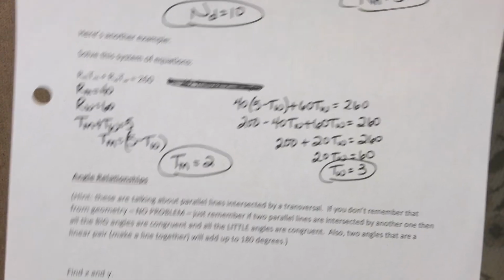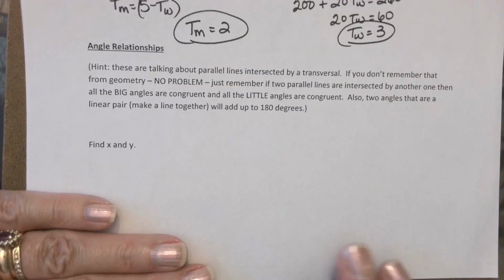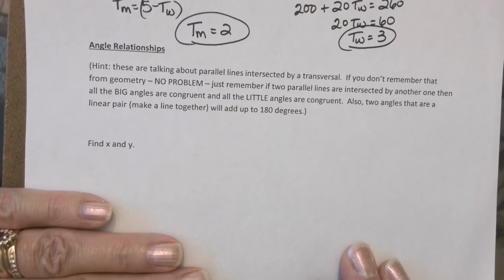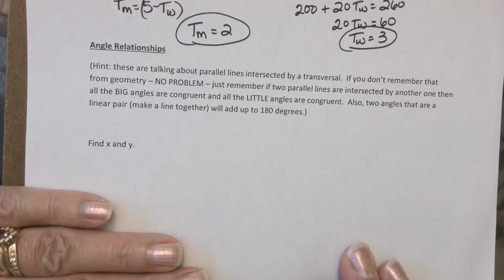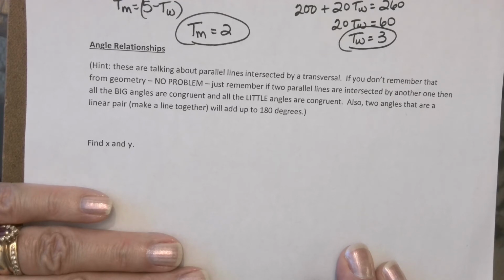Okay? All right. Now the next part is these angle relationships that you learned in geometry. So as a review, I said, hint, these are talking about parallel lines intersected by a transversal. If you don't remember that from geometry, no problem. Just remember, if two parallel lines are intersected by another one, then all the big angles are congruent and all the little angles are congruent.